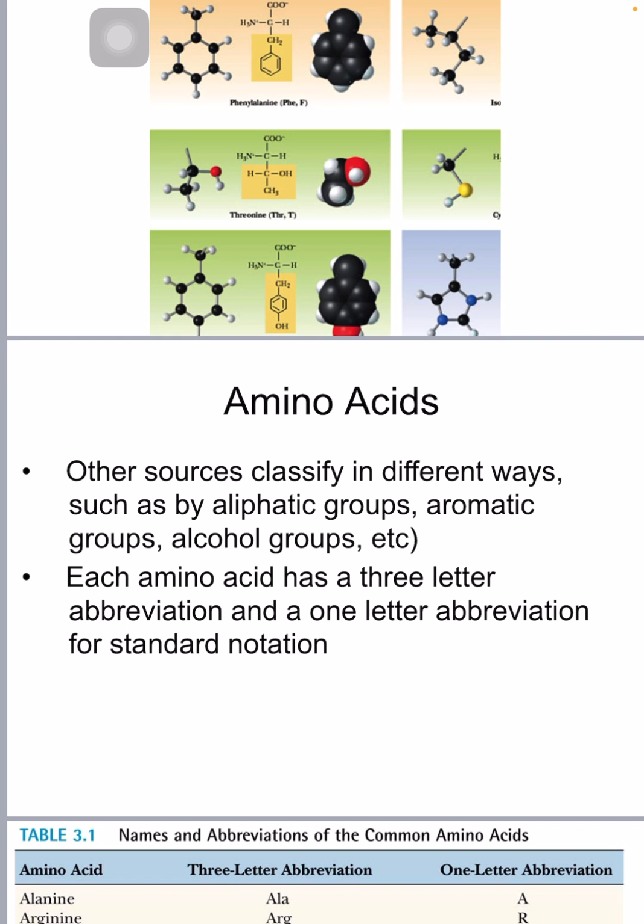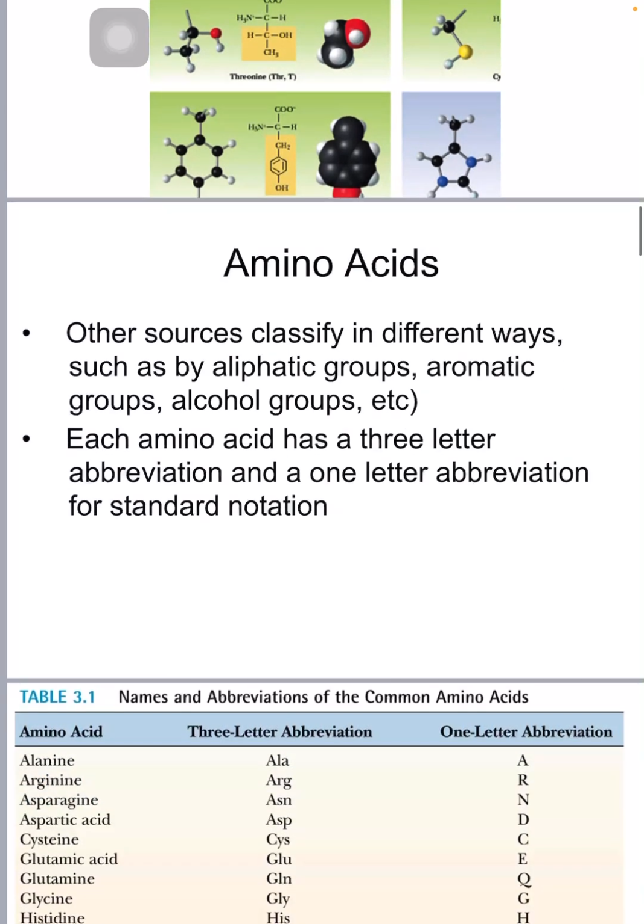Each amino acid has two different shorthand abbreviations that it's commonly known by. One of them's a three-letter, and then one of them's a one-letter, right? And especially if you're trying to describe a sequence of a peptide or a portion of a protein, the shorthand notation makes it a lot easier and more efficient to describe these and write them out.